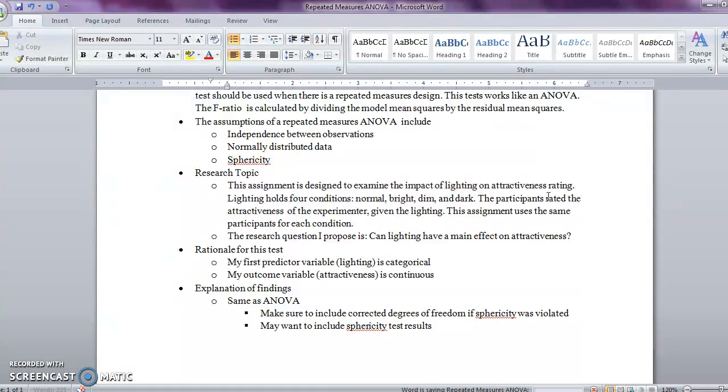The lighting conditions that I have are normal, just like regular school lighting; bright, like really, really bright light; dim, kind of like being in a room with one lamp; and dark, kind of like club lighting, a club atmosphere.